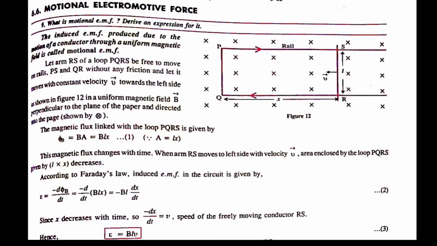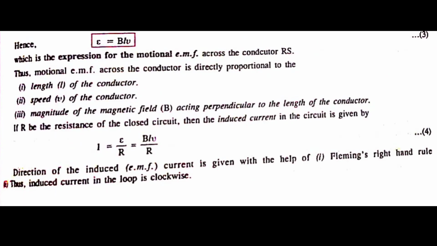So we replace dx by dt with the symbol V, and we have equation number 3, that is, the induced EMF is equal to BLV. From the expression we can see that motional EMF depends upon different factors: the length of the conductor, the speed of the conductor, and the magnitude of the magnetic field acting perpendicular to the length of the conductor.